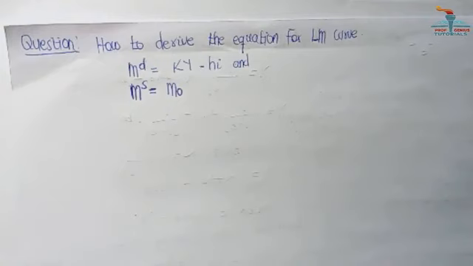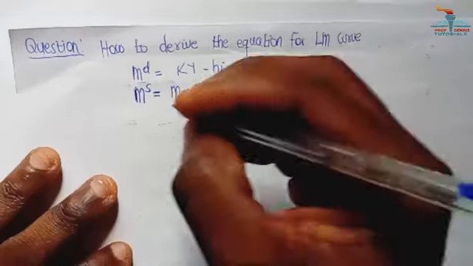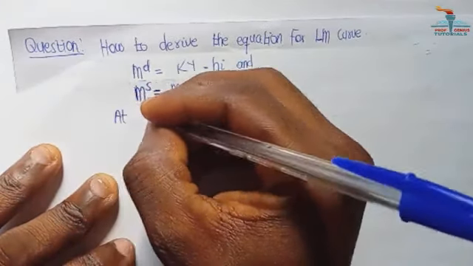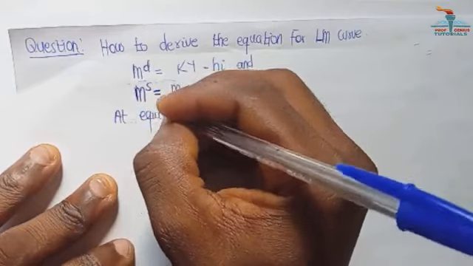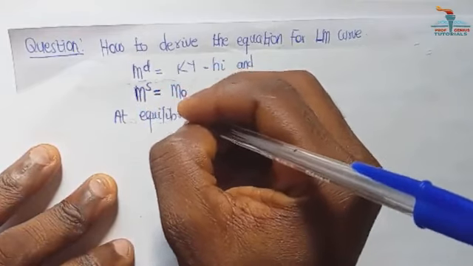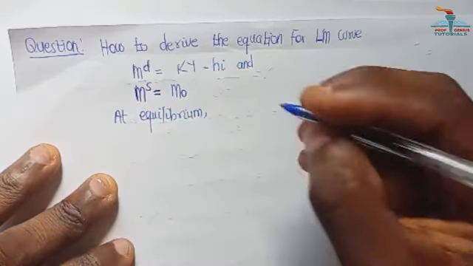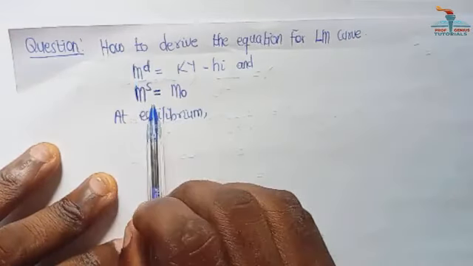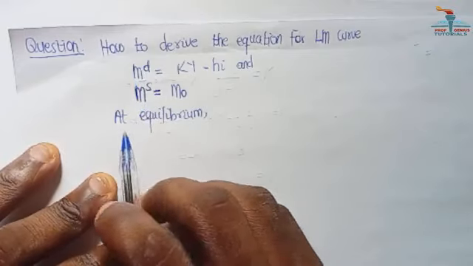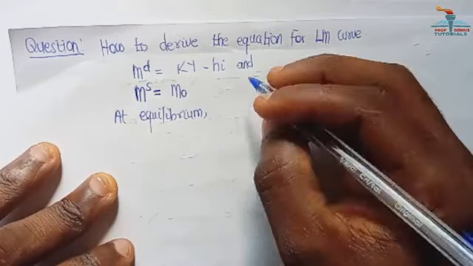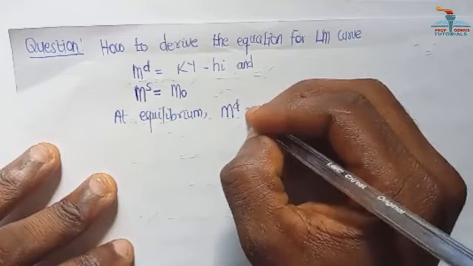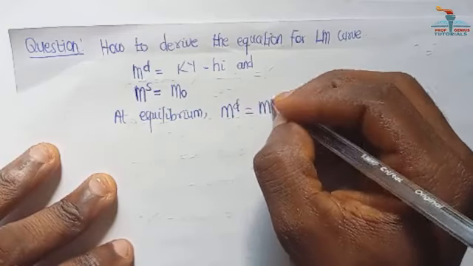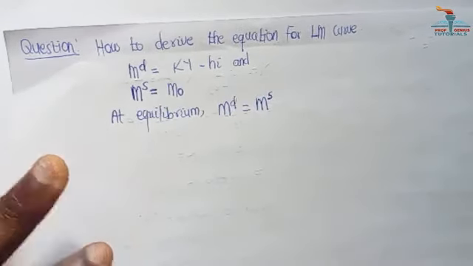So we know that in the money market, at equilibrium, our demand for money, that is MD, is money demand, and MS here is money supply. So at equilibrium, our MD must be equal to our MS.